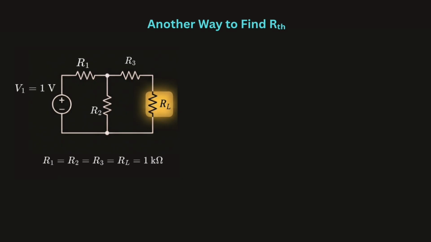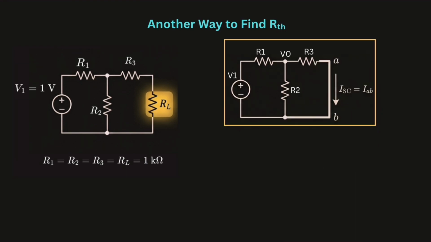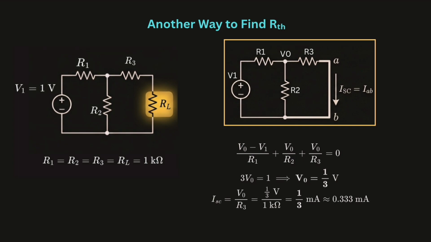Now let us discuss another direct way to find RTH. Since we are using the same circuit, we already know the open circuit voltage, which is nothing but 0.5 volts. Now, instead of deactivating the source, short circuit the same output terminals AB. Applying KCL at the node and using Ohm's law, we obtain the short circuit current as 0.333 milliamperes.